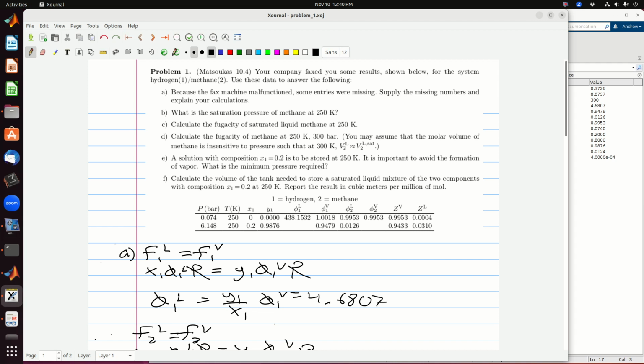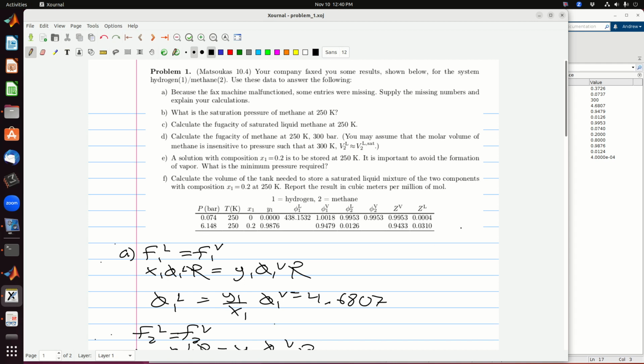They say report the results in cubic meters per million moles, but let's calculate a molar volume. And then if I want to get the volume per million moles, I can multiply by a million moles, and I'd get what looks like an extensive volume. That would be on a basis of volume per million moles, the volume that a million moles would occupy.